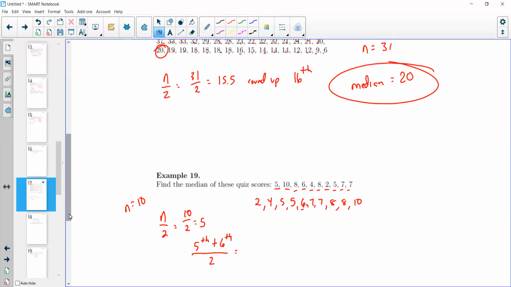I have a 6 and I have a 7. So 6 plus 7 divided by 2, 13 divided by 2, is 6.5. So our median is right here. And if you notice, there's 5 data values to the left of it and 5 data values to the right of it. The median splits it in half. Any questions on medians so far?